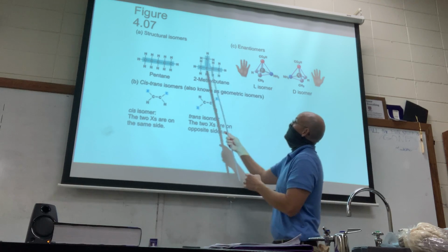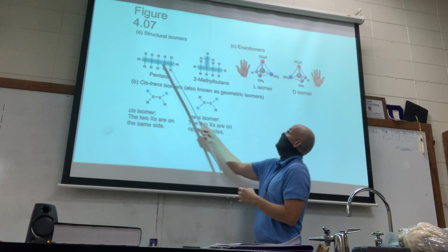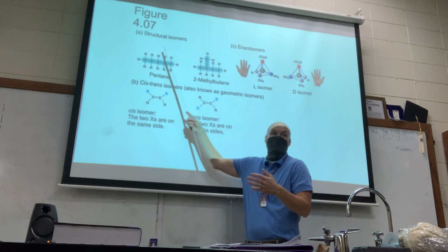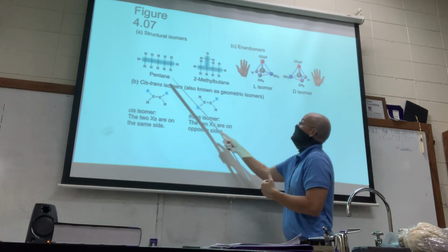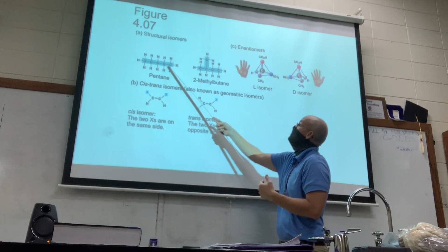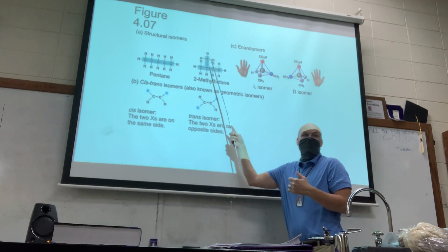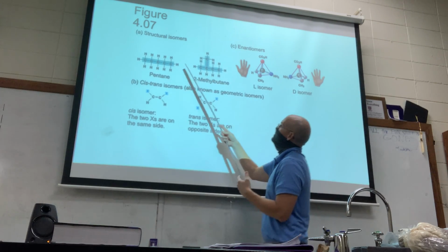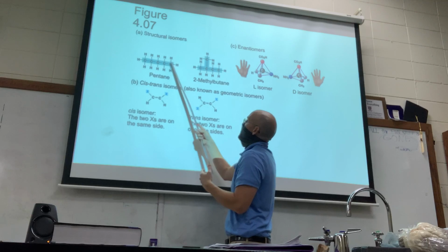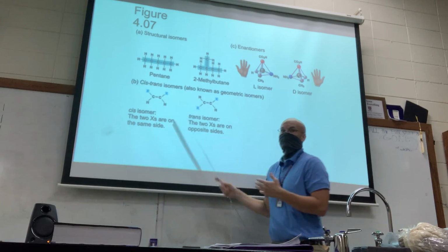So in this case, we see an example of that. If you count up how many carbons and hydrogens you have in this molecule, it's actually the exact same as the number in this molecule. And what is it? This is C5H12. Okay?